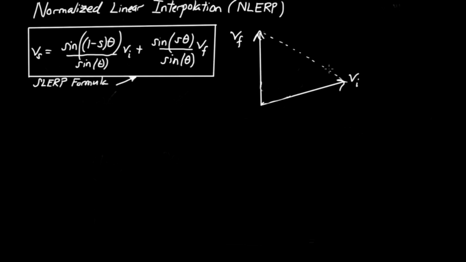And of course, if you were doing SLERP, it would be along some arc joining VI and VF along that great circle. Now notice, again, when theta is pretty small, so this is theta, those paths are almost the same thing. Now remember, this arc of the great circle is along the surface of a unit sphere.